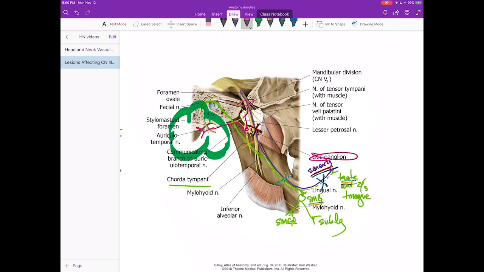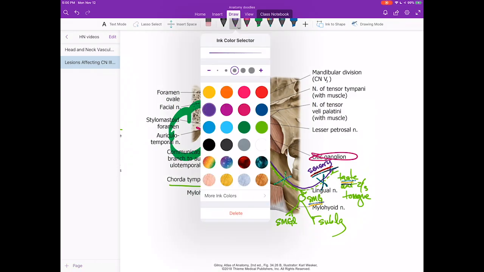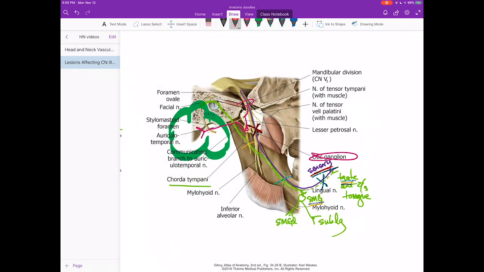Well, that auriculotemporal nerve is a super important landmark because it just so happens that this loop right here is where the middle meningeal artery comes in and goes into the skull. So we'll just write here, to skull.